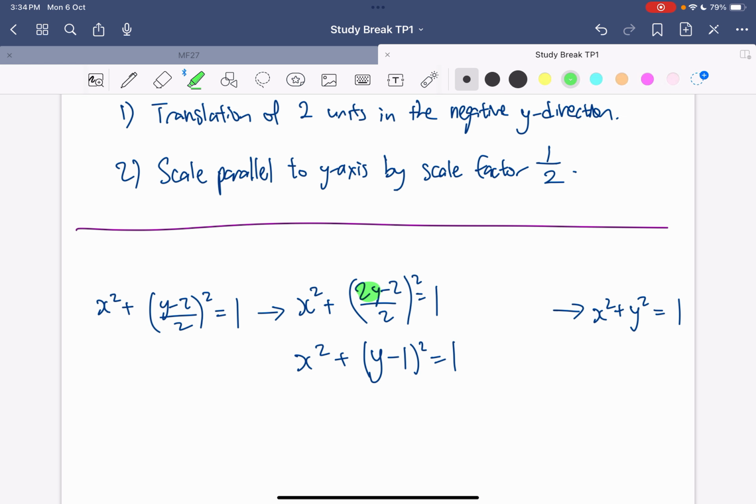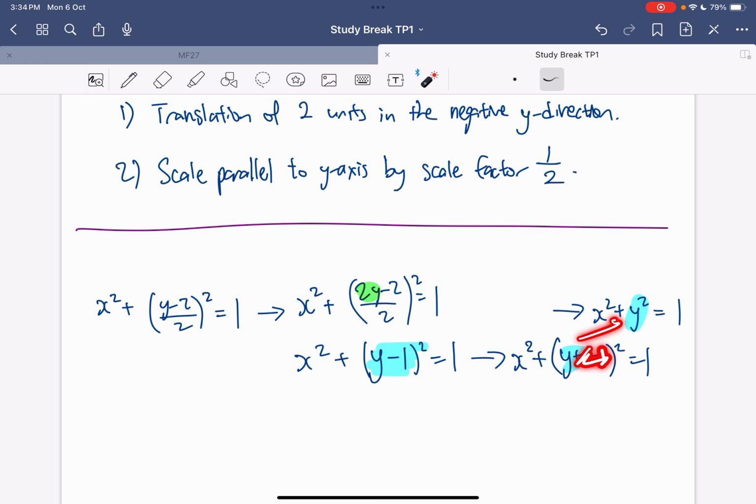You get this. Now, is that very hard at the next step? We are no longer translating by 2 units already. Now we are translating by just 1 unit. So if I replace y by y plus 1, then this is going to cancel off to become y squared.